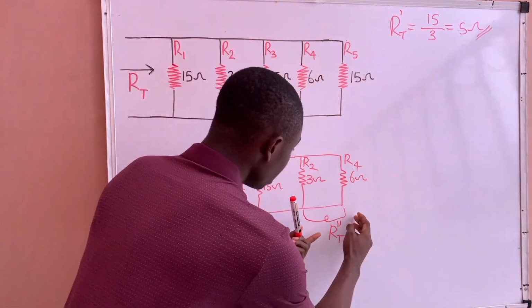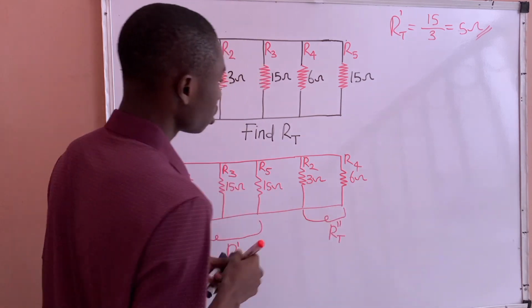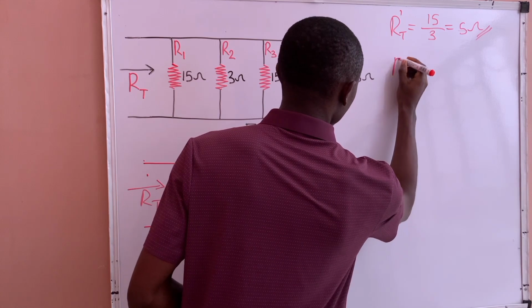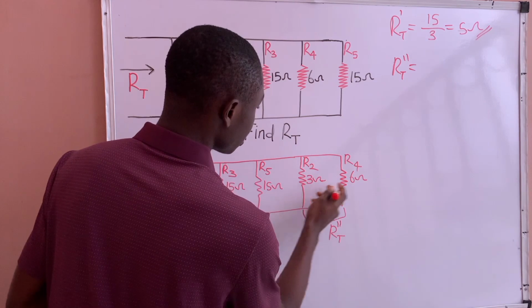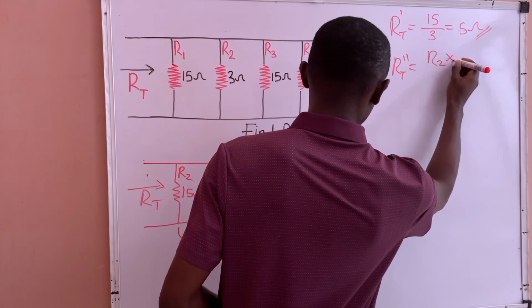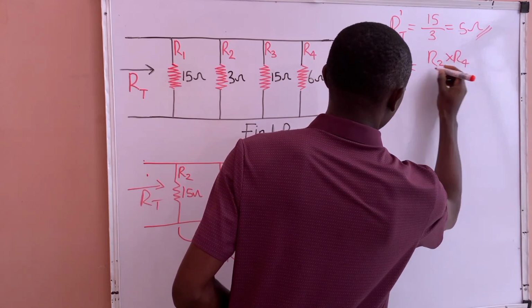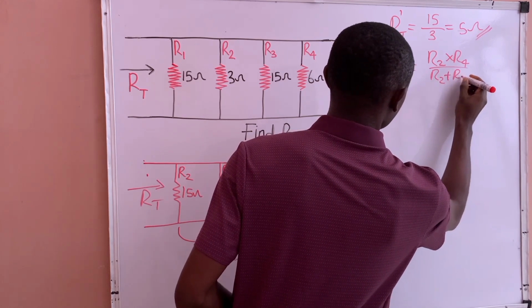Okay, in this group, which is 3 ohms and 6 ohms, the total resistance RT prime will be R2 multiplied by R4, all over R2 plus R4.